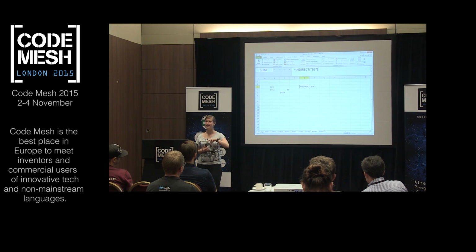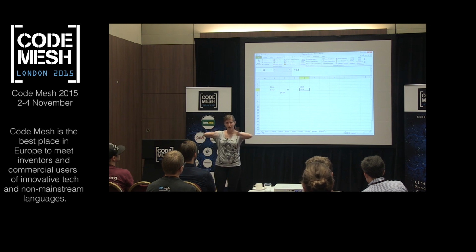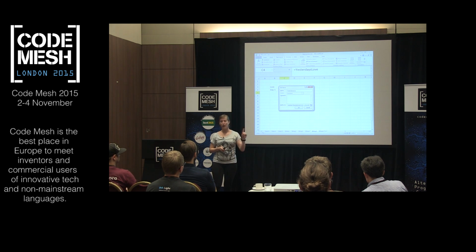It's very much like the eval function in JavaScript. You put a string in and you get whatever is represented by that string. So if you take the indirect of the string B3, it is equal to what is in B3. It's the same thing. Intuitively, you just chop off the quote, but what it means is give me whatever is in this string.